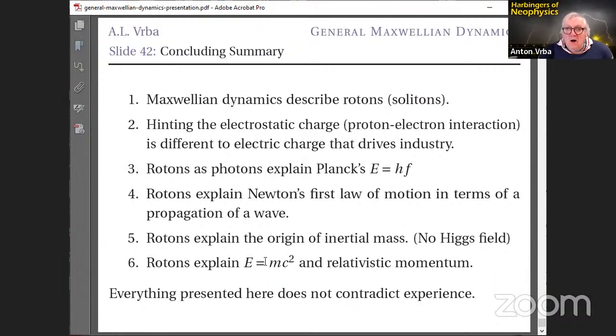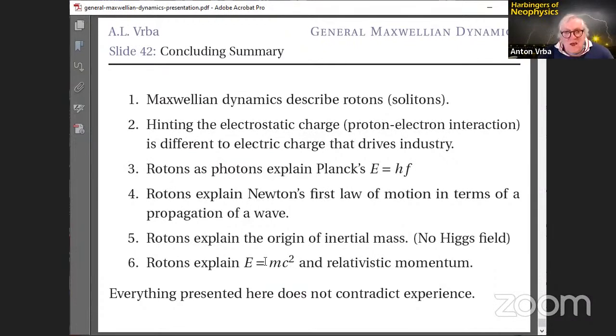I showed that rotons explain the origin of inertial mass. So I haven't got gravitational mass here. I explained inertial mass. I haven't used a Higgs field here. Rotons explain E equals mc squared and the relativistic momentum.